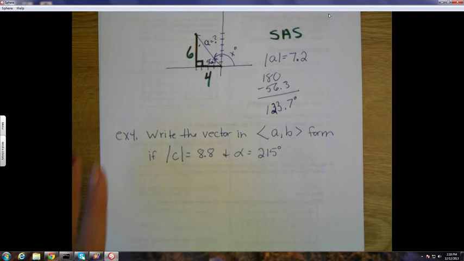Yeah, it's alpha, it's the Greek letters. Remember, the Greeks like to use those Greek letters for the angle measures. I could use a theta, I can use anything.